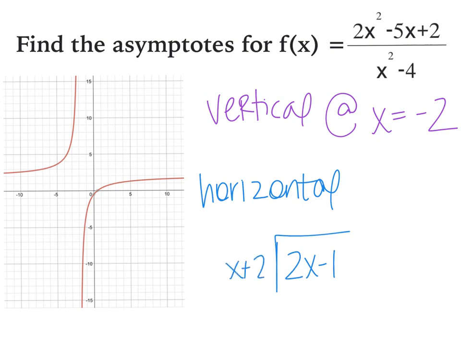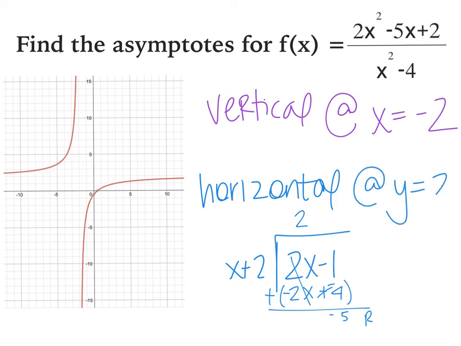I'm going to divide that out really quickly. I see that I have a quotient of 2 and a remainder of negative 5. That remainder doesn't really matter in the context of finding the horizontal asymptote. So that confirms what we already believed, that the horizontal asymptote is at y equals 2, which makes sense for our quotient there.